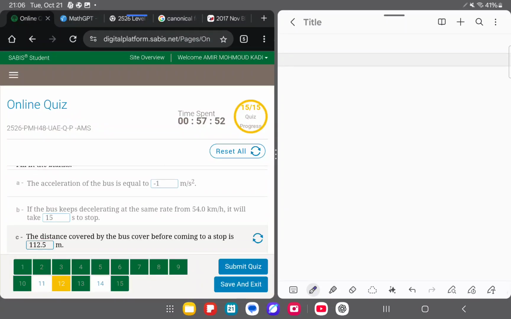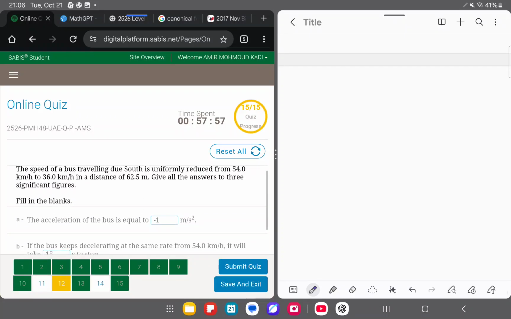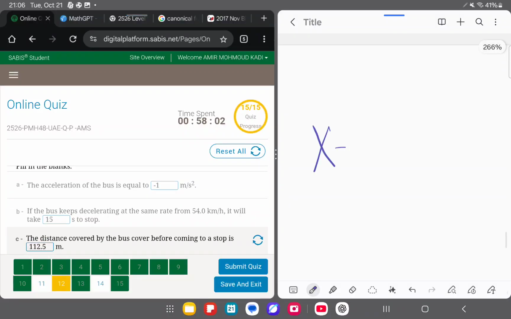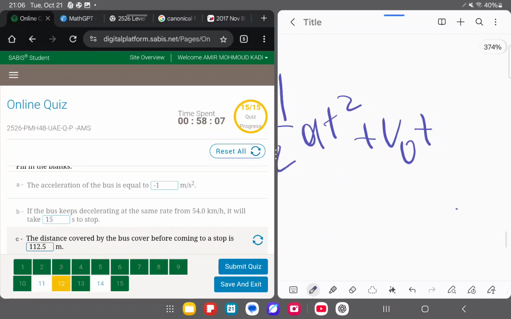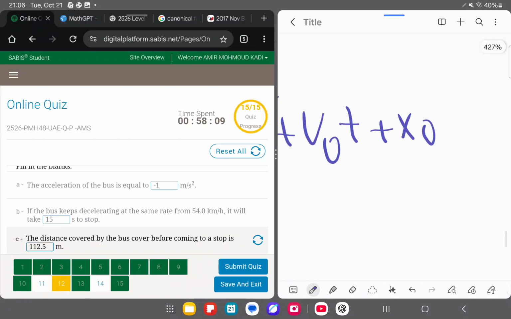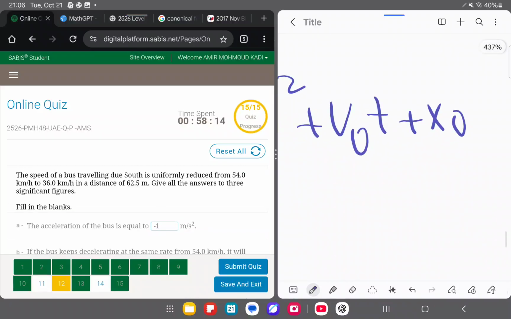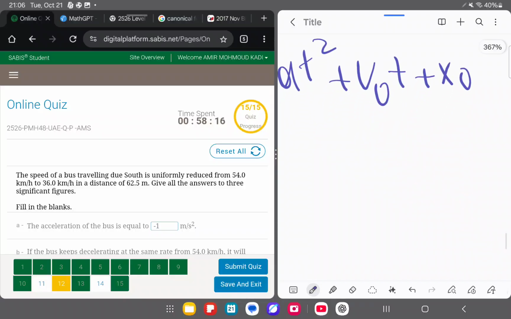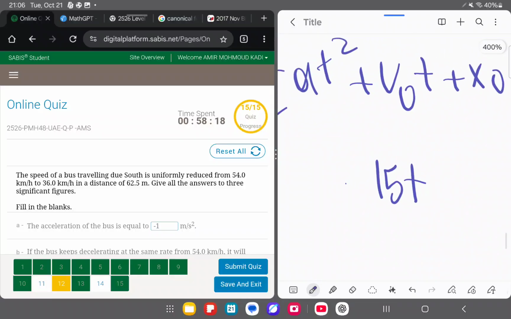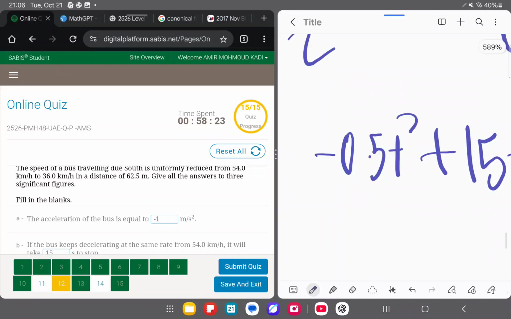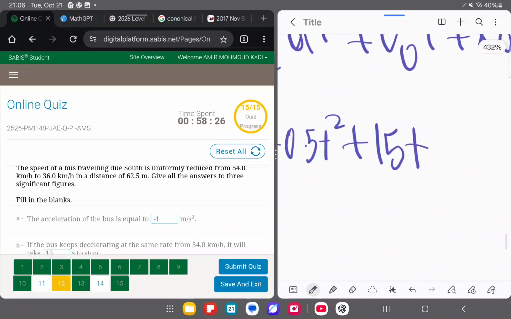Distance covered by the bus before coming to a stop. To do that, we use x equals half at squared plus v initial t plus x0, and x0 is equal to 0. Remember, 54 kilometers per hour is 15 meters per second, so that's our v initial: 15t plus acceleration, which is -1, so minus 0.5t squared.